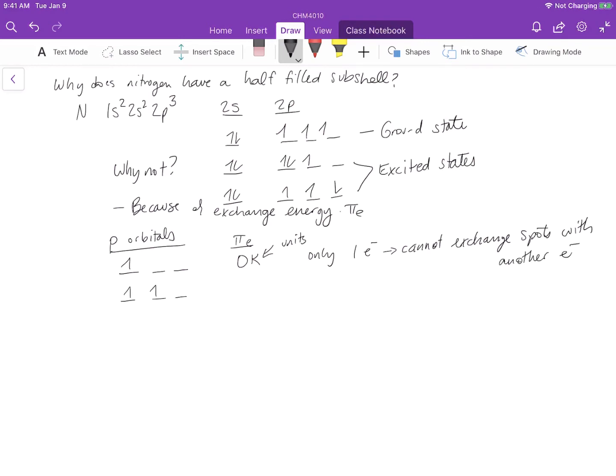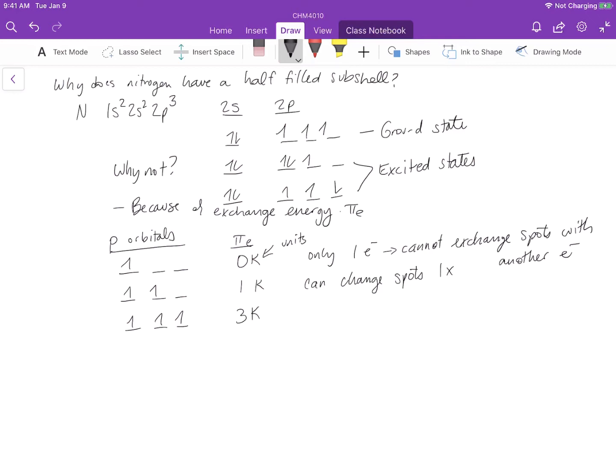If we have 2 electrons, they can change spots once. So they can have 1K of exchange energy. And if we have 3 electrons, then they have 3K of exchange energy.